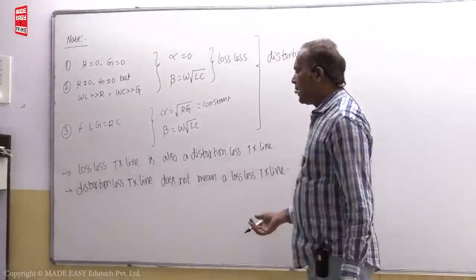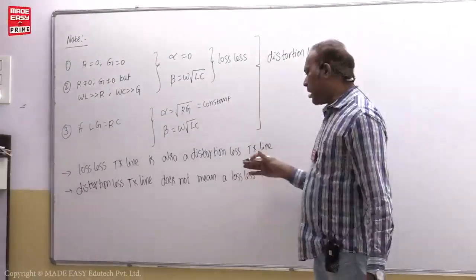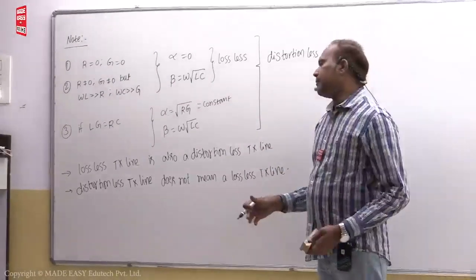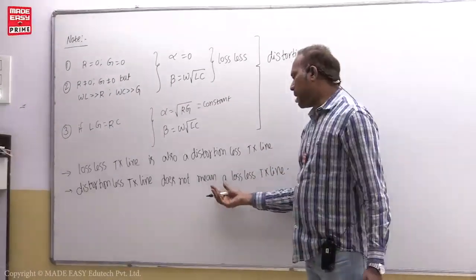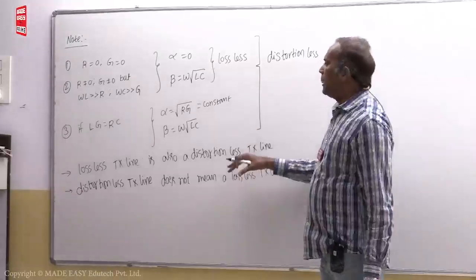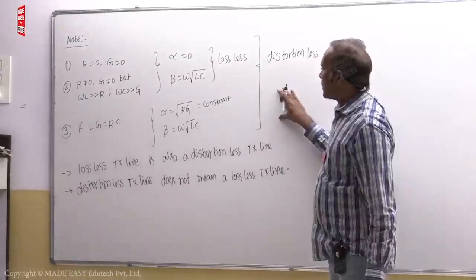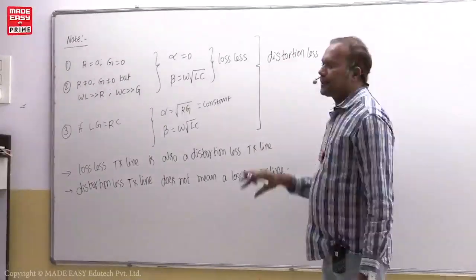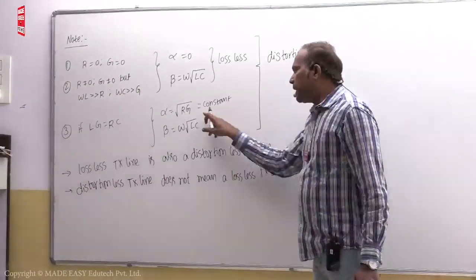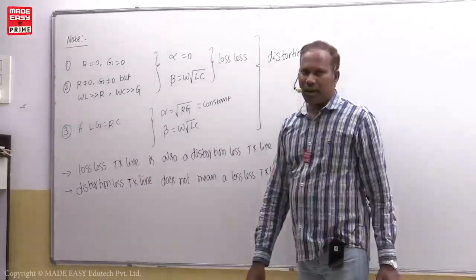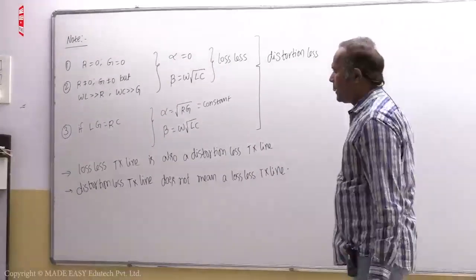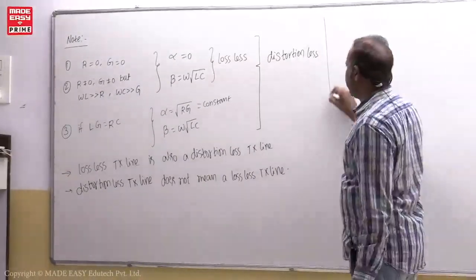They say a distortionless transmission line does not guarantee lossless. That means a distortionless transmission line does not mean lossless, because this is also distortionless. I wrote here, this is also distortionless, this is also distortionless, but this has loss because alpha is not 0. So this is the one note actually.